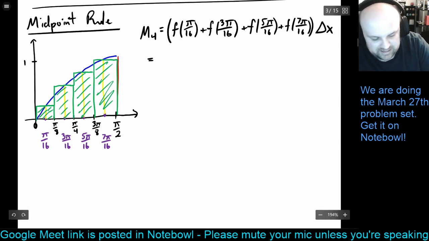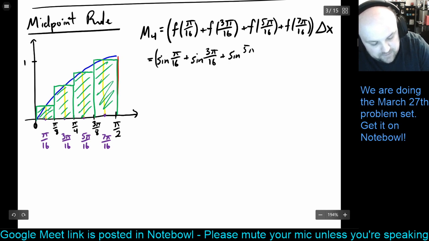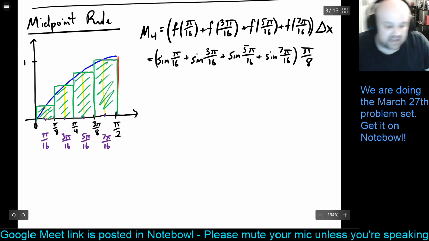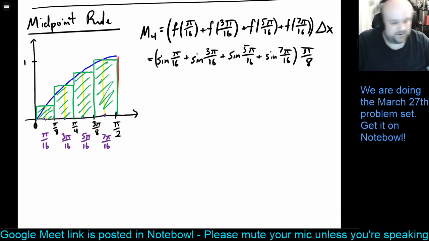Maybe we'll just write out here, this is sine of pi over 16 plus sine of 3 pi over 16 plus sine of 5 pi over 16 plus sine of 7 pi over 16, times pi over 8. And then we'll toss this in Mathematica.